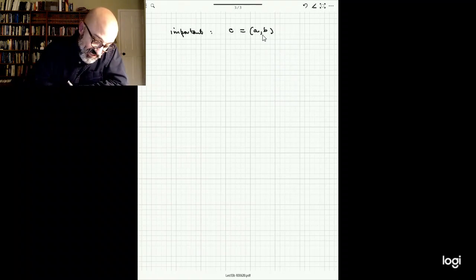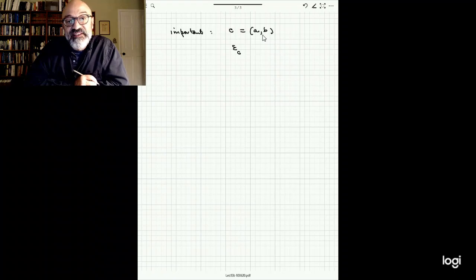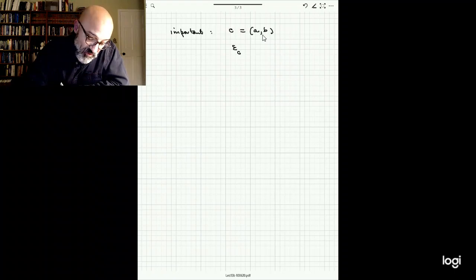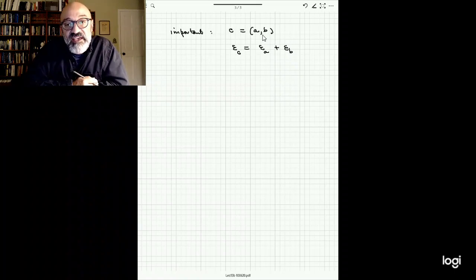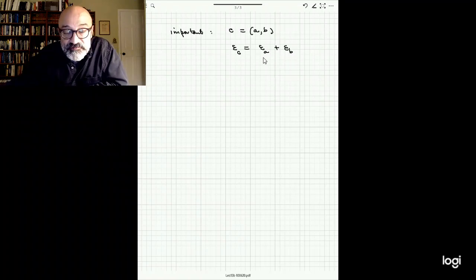The other thing is that because we know that the total energy of the composite system is E, we are going to make the assumption that system A and the bath have energies E_A and E_B such that the sum matches the composite. Now this is also very simple and looks intuitive, but in particular notice that there is no interaction energy.